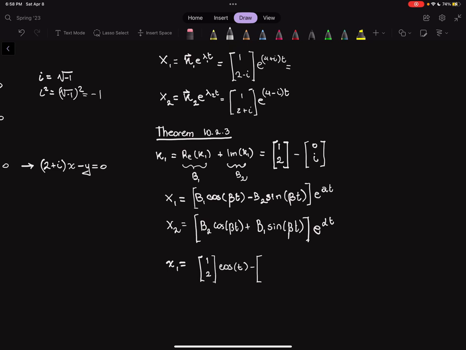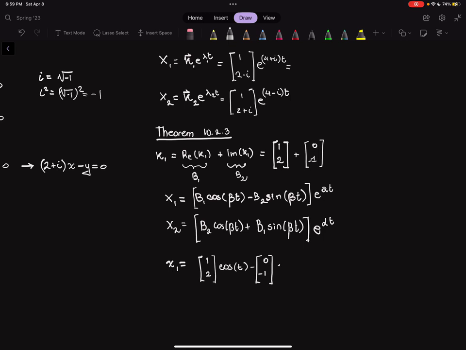And this is where things get a little bit weird. You don't write i here. We write 1, because we're intending that that's the coefficient of the i. So this becomes (0, 1), and this is negative because of the formula.